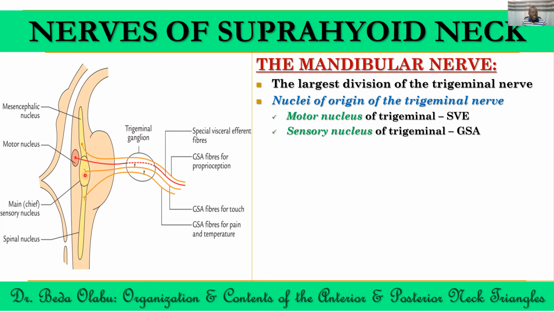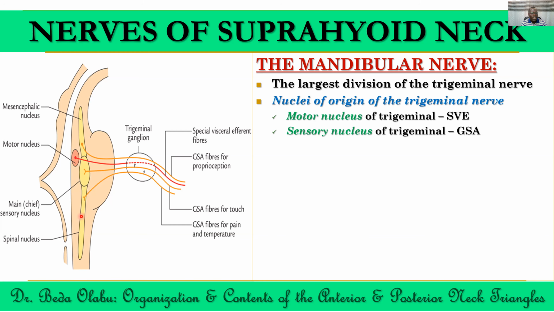The chief nucleus of trigeminal is the main nucleus located in the region of pons. This one receives the nerve fibers responsible for touch and pressure sensations. Then we have the spinal nucleus of trigeminal, which receives the sensory nerve fibers responsible for pain and temperature sensations.